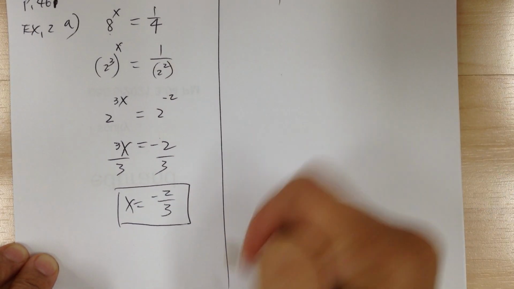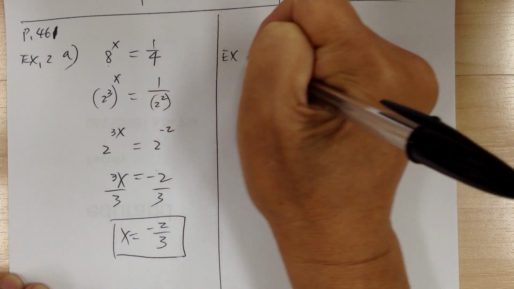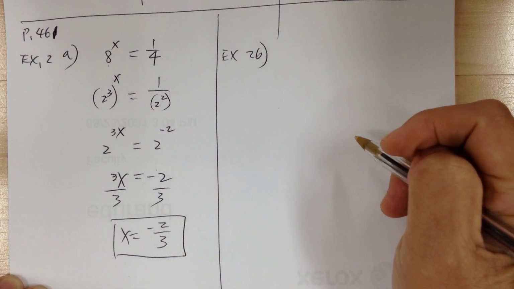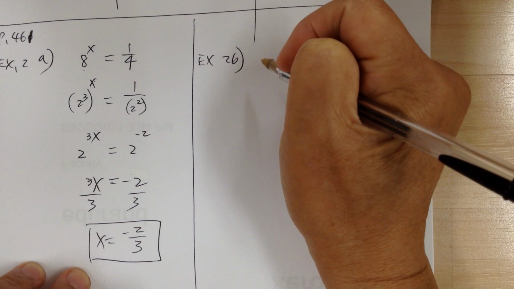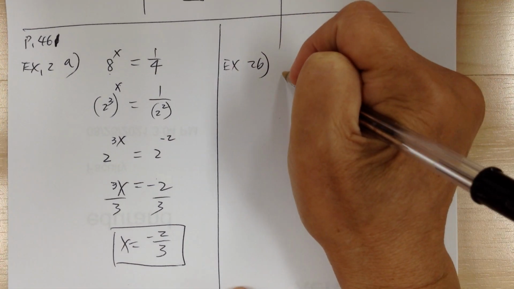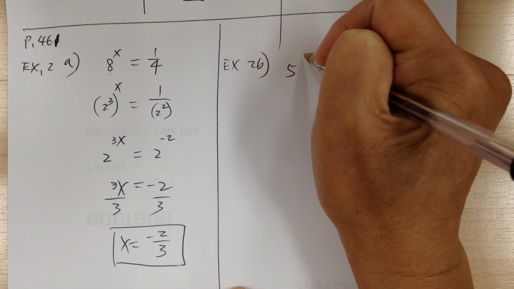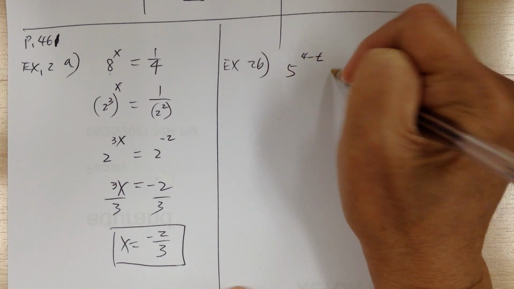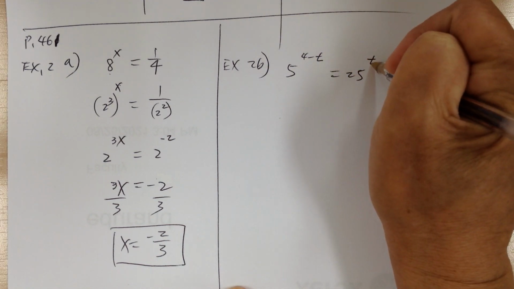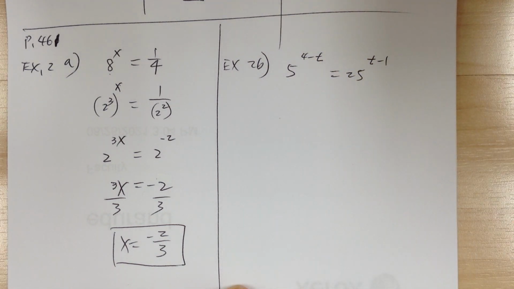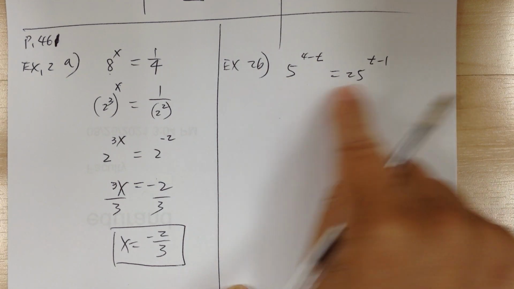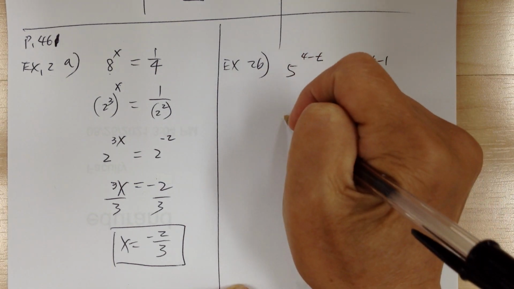Let's go to example 2b. You have 5 to the 4 minus t equal to 25 to the t minus 1. Right now the bases are not the same, so you want to make them the same base.